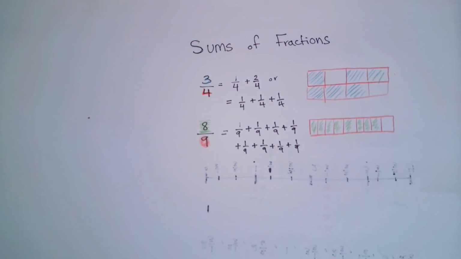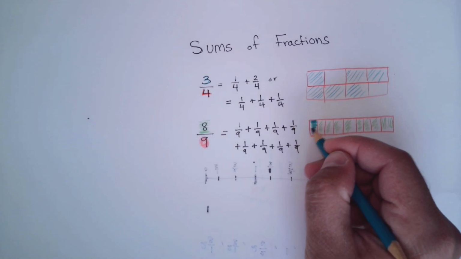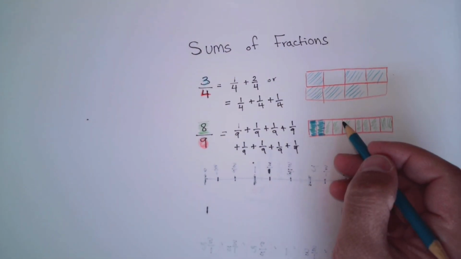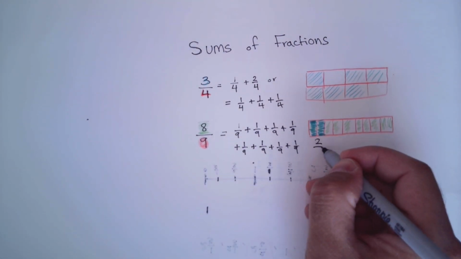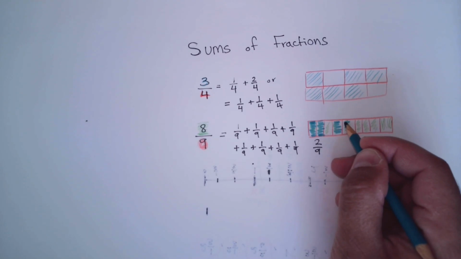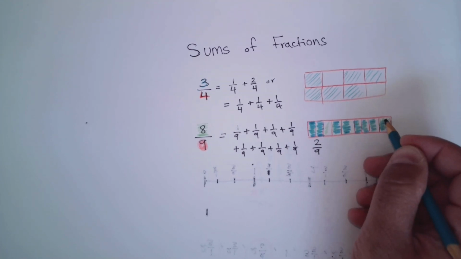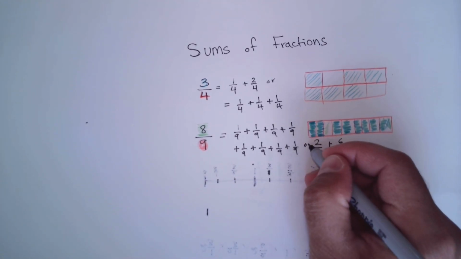A second way could be, I'm gonna color them all green, I can do 2/9 plus 6/9, right?